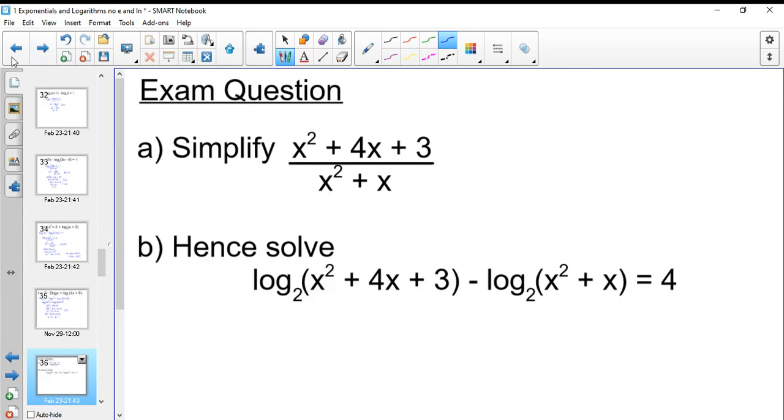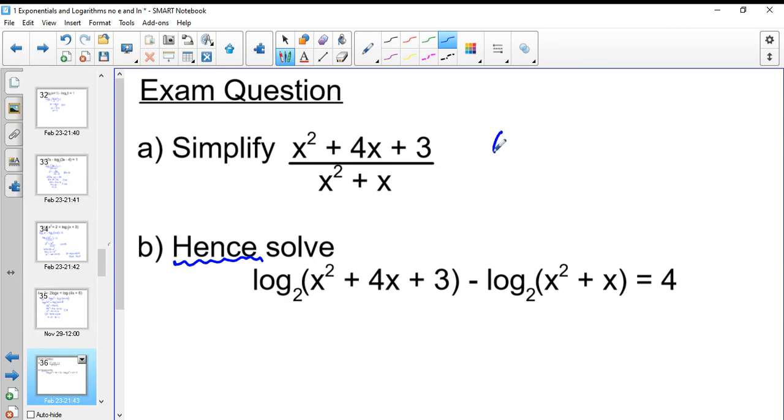Okay, the last example, this is more of an exam question where they are going to get you to do something first, and then it says hence, which means see the link between this and this. Okay, so part A, simplifying algebraic fractions.